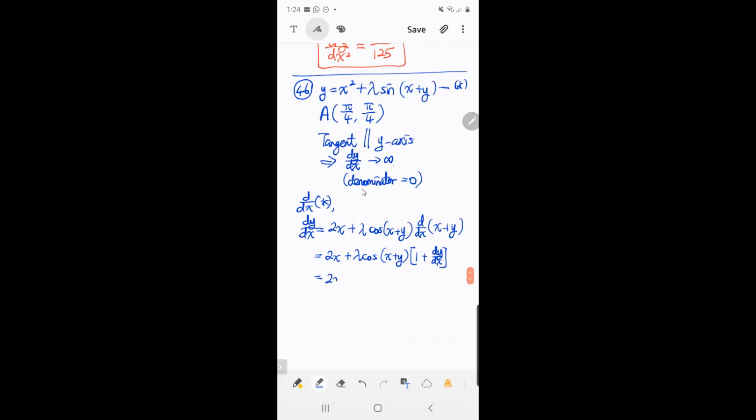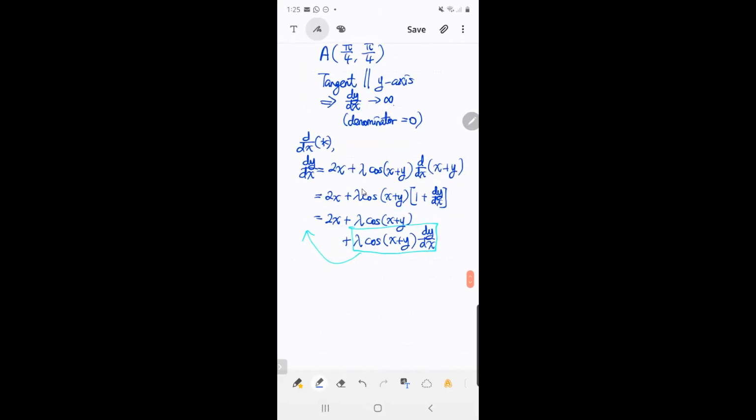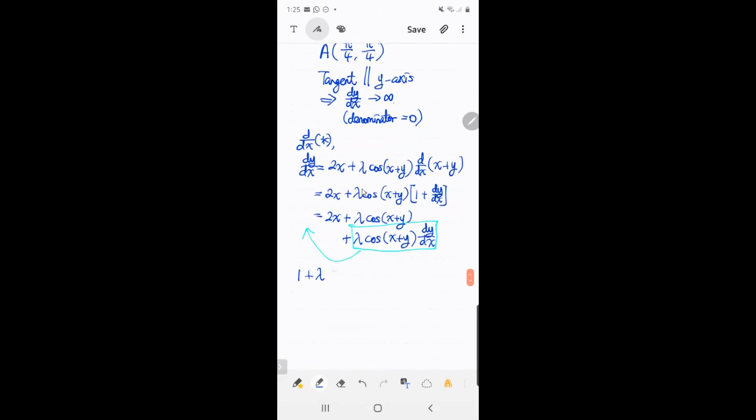to expand. So you have 2x plus lambda cos of x plus y, close bracket. Then the other one is plus lambda cos of x plus y with dy dx. So move this cyan box over to the other side. So therefore, you get 1 plus lambda cos of x plus y.